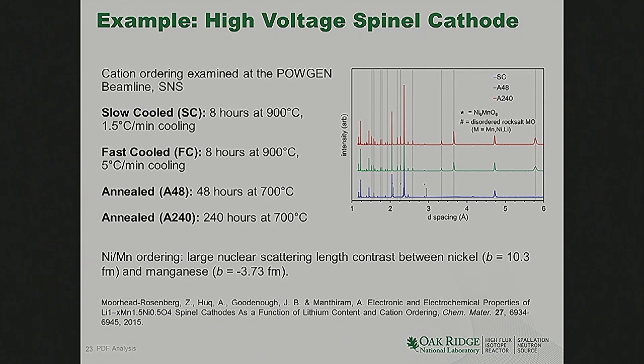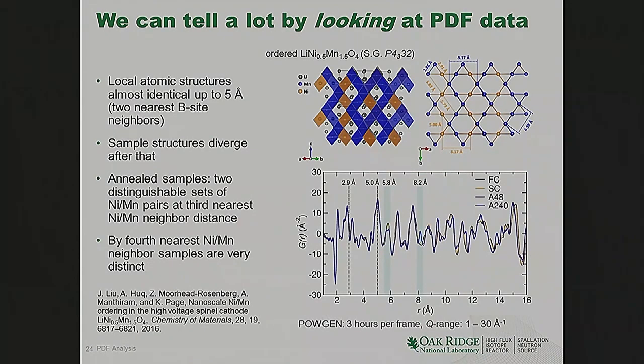Okay. One thing to note here is that there is a very large nuclear scattering length contrast between nickel and manganese. So this is a great opportunity for looking at cation ordering with neutrons. And here you see that you can tell a lot by just looking at a pair distribution function, as I mentioned earlier.